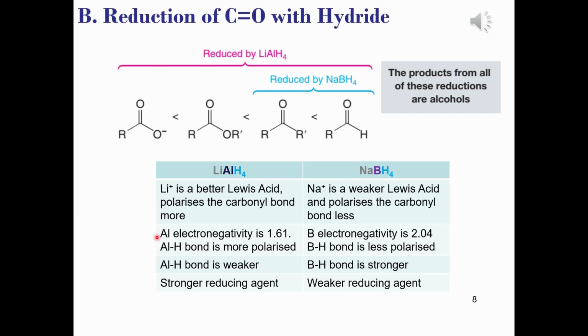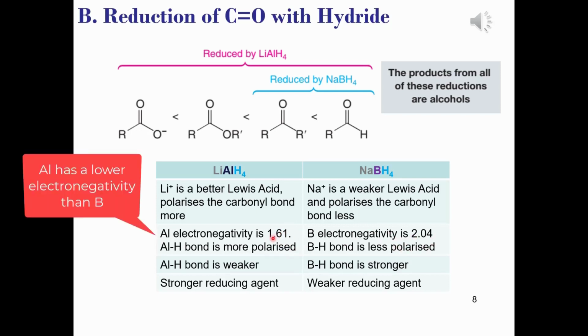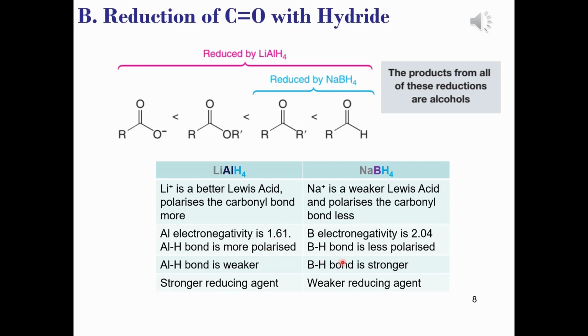Secondly, when the aluminium hydrogen bond is considered, the electronegativity of aluminium compared to boron is much different. This results in the aluminium hydrogen bond being more polarized, whereas the boron hydrogen bond is less polarized.